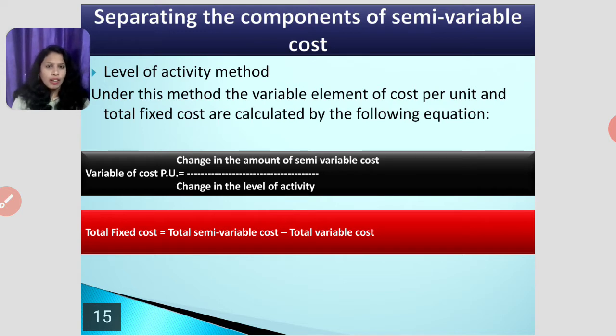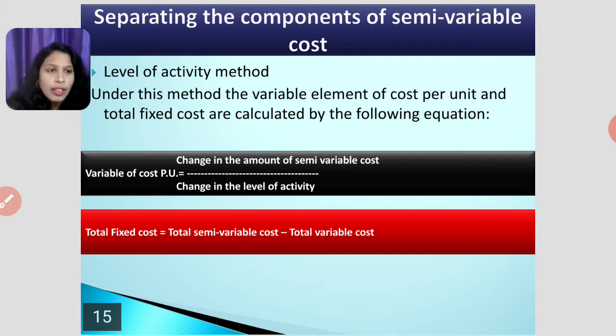So the next formula is: total fixed cost is equal to total semi-variable cost minus total variable cost. You have to write these two formulas in your notebook. So total fixed cost is equal to total semi-variable cost minus total variable cost.